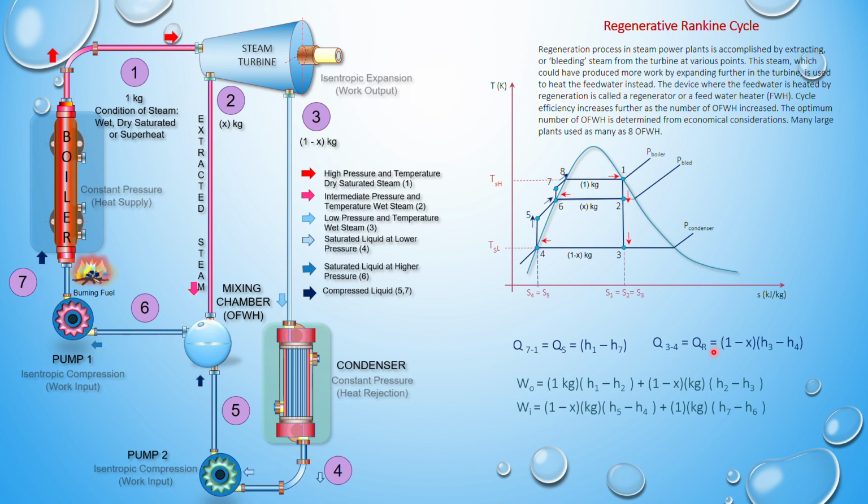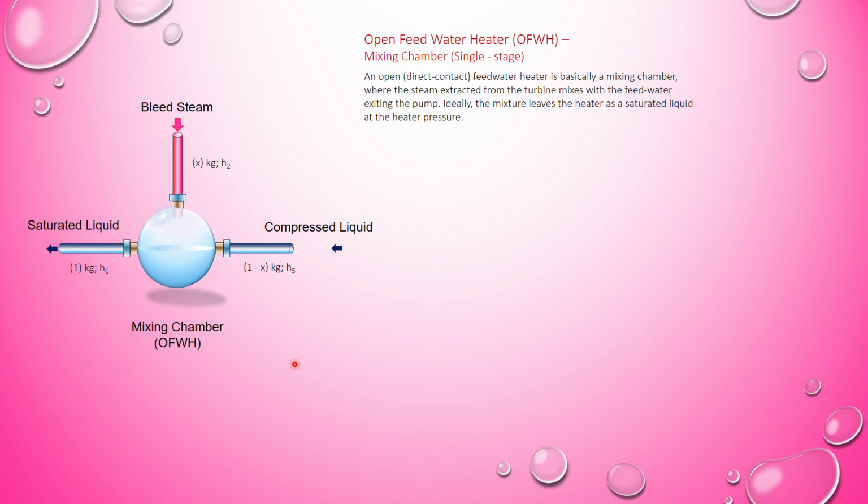Okay, so heat rejected is based on 3 to 4, that is your condenser. Now, how much do we extract? How much of steam do we take out from the turbine? So assume x kg. From the compressed liquid, from the condenser and the first feed pump, you have 1 minus x kg remaining.